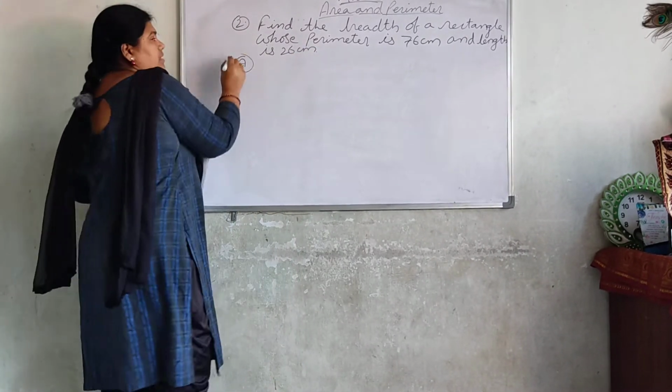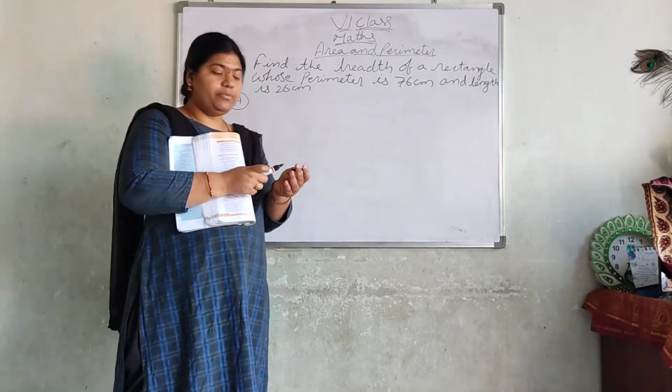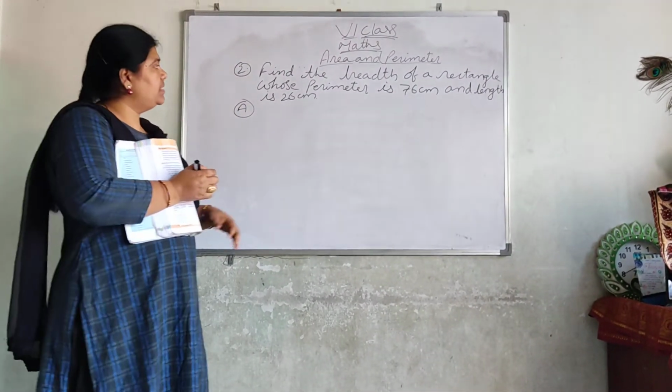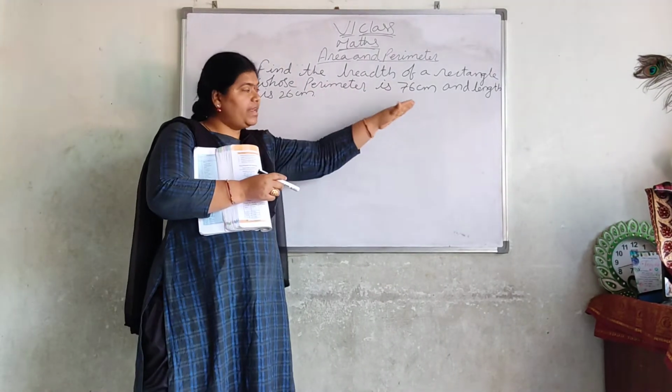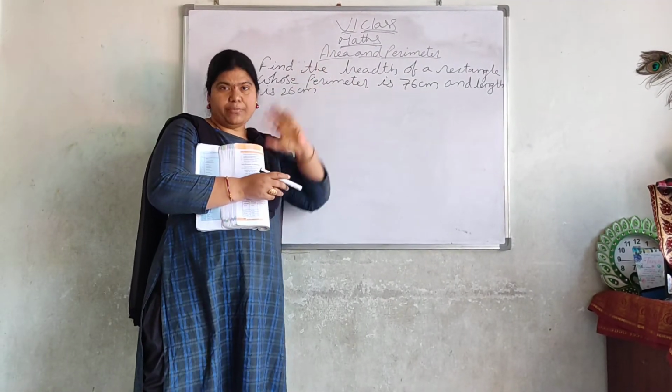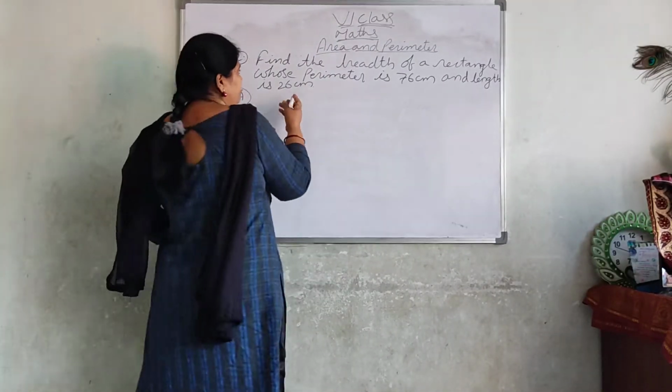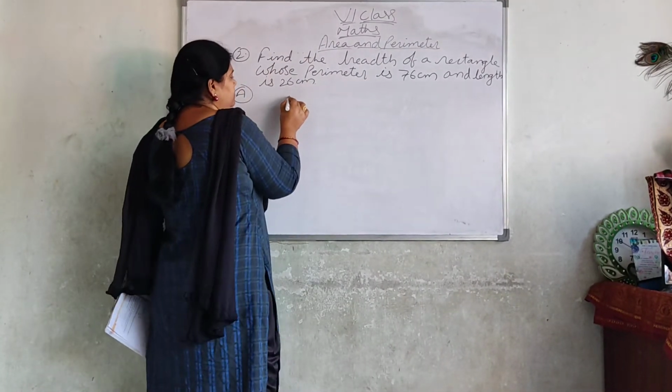So you can see here in the before problem length and breadth are given and they asked us to find the perimeter. Here length is given, perimeter is given. What is not given? Breadth is not given. So we have to find that value.